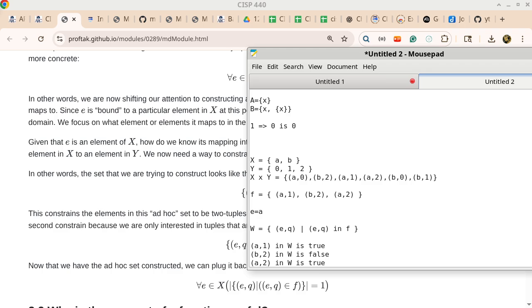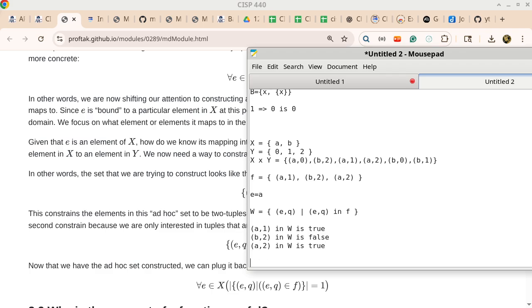We also have an extra requirement that this A2 as a two tuple has to be an element in F. For this particular F, that is also true. So at the end of the day, what are the members in W as a set? Exactly these two: A1 and A2 are in it.